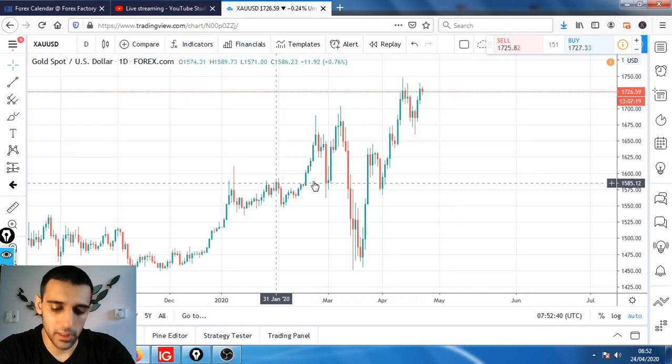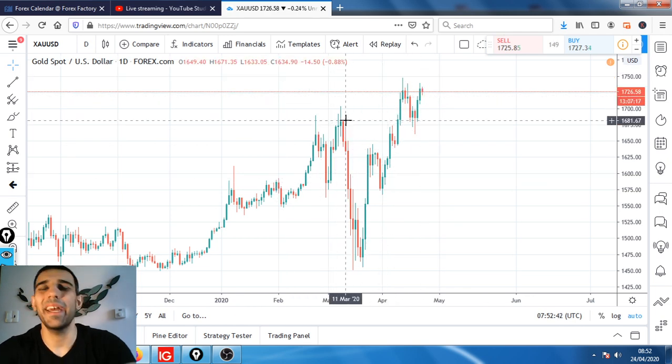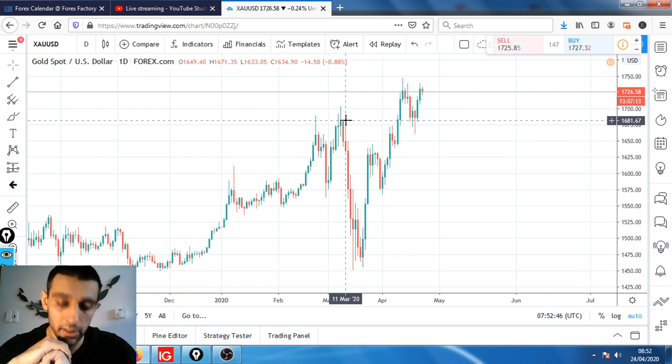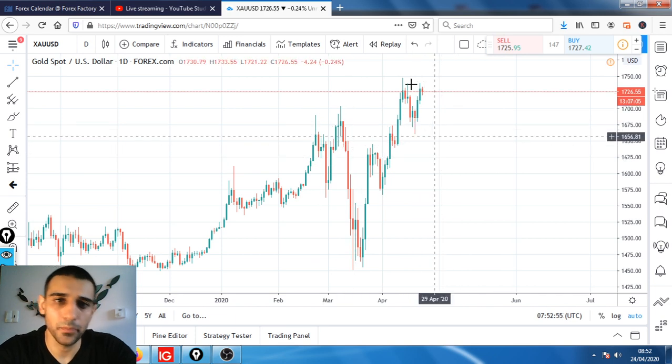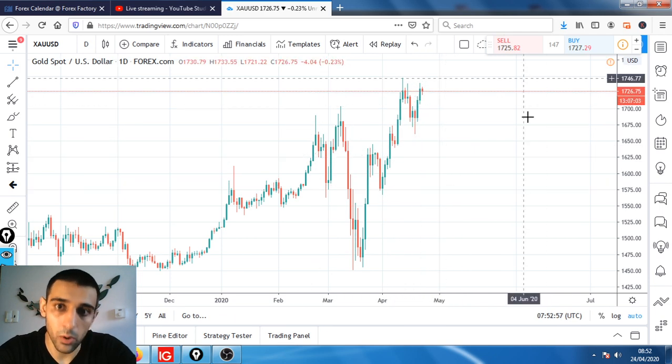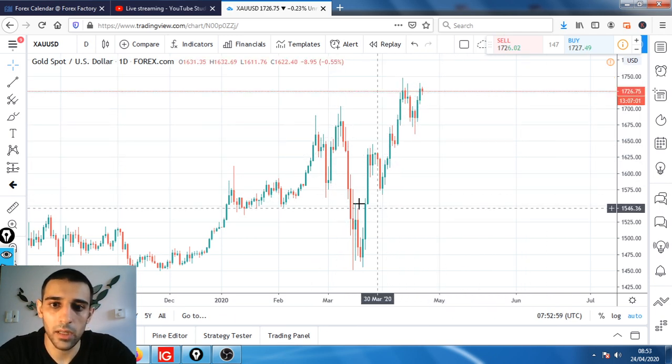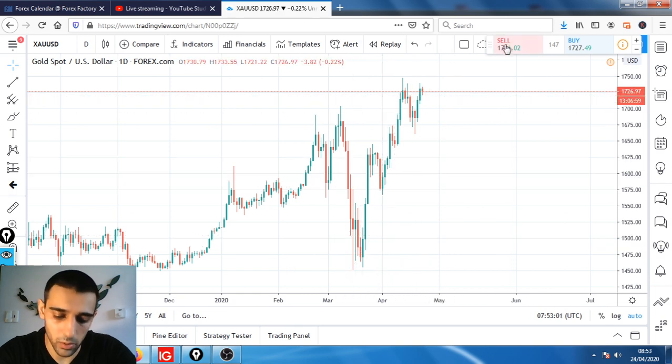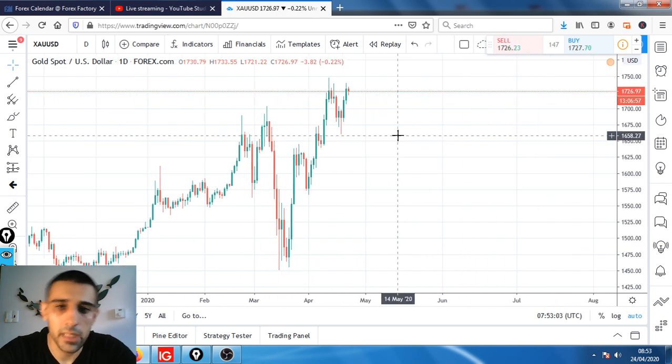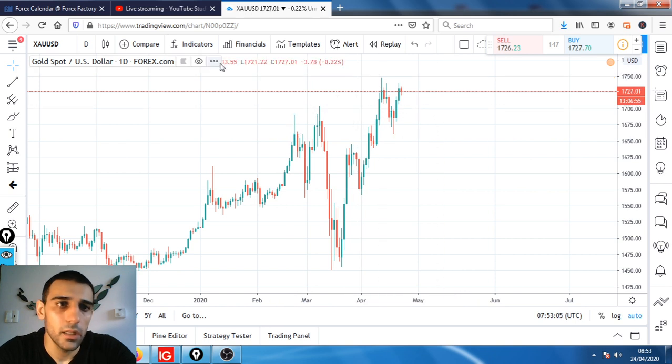I do like to trade the gold and S&P, not as much as S&P 500, but I do like to trade the gold more on a swing trade basis rather than the intraday basis. So I do like to hold the positions for the gold. S&P depends.